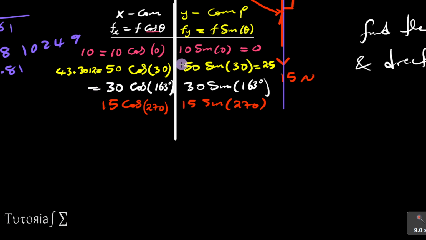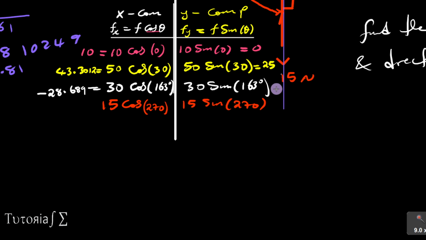Cos 163 degrees gives us negative 0.95. So times 30, that will give us negative 28.689.